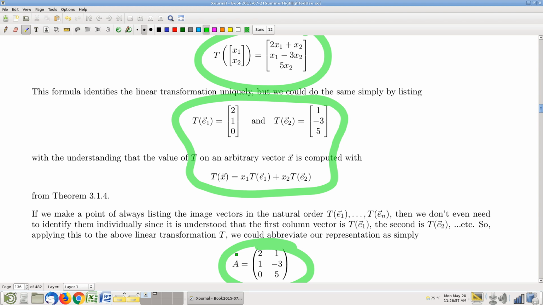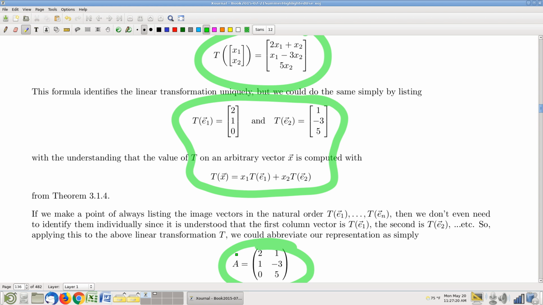First of all, y'all have seen matrices before, right? So I'm going to define a matrix to be just an array of numbers like this. And when you see a matrix, you should understand, it should be implicit, that this is a shorthand notation representing a linear transformation.